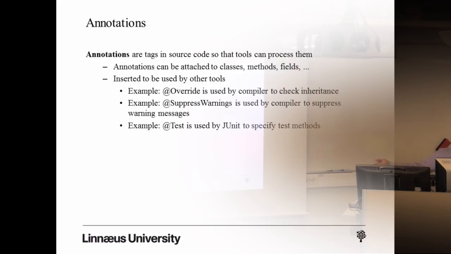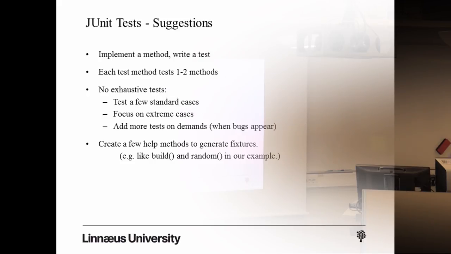And sometimes, if you're using, for example, a deprecated method, then the Java compiler normally throws, not an error, but warnings. If you want to ignore those warnings, you can use the @SuppressWarnings annotation, and we use this @Test annotation, which is used by JUnit.